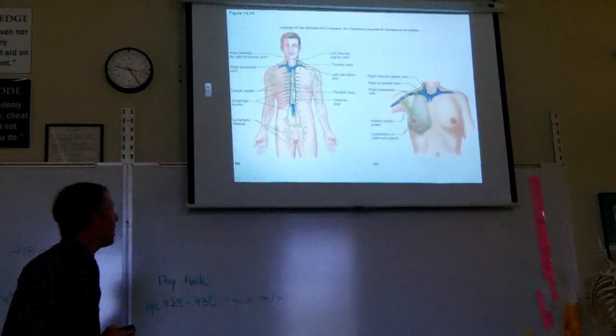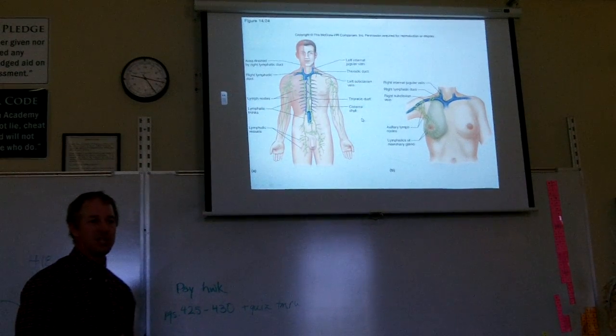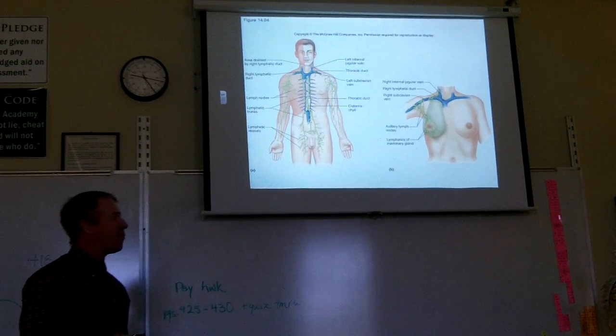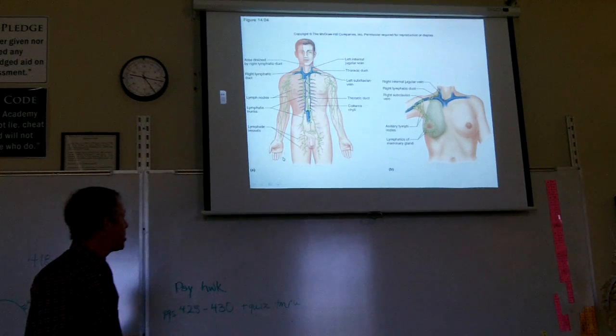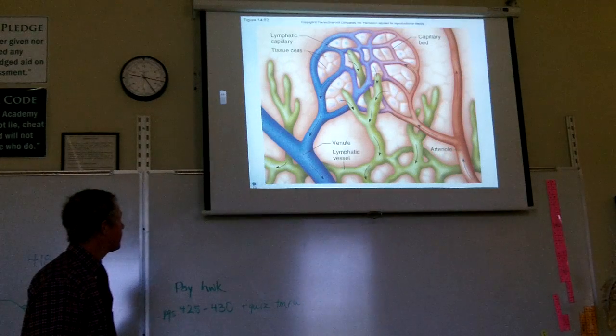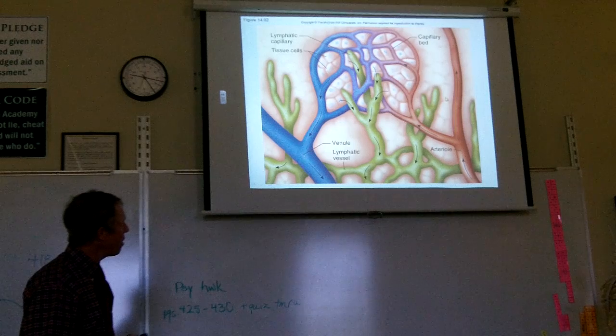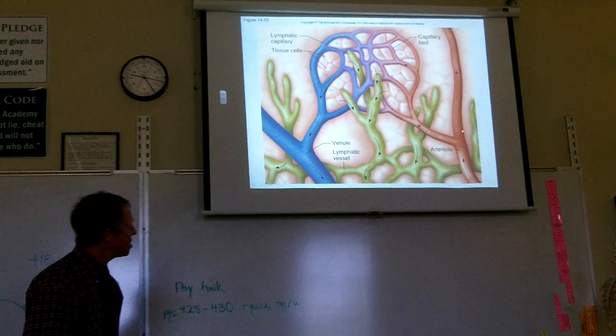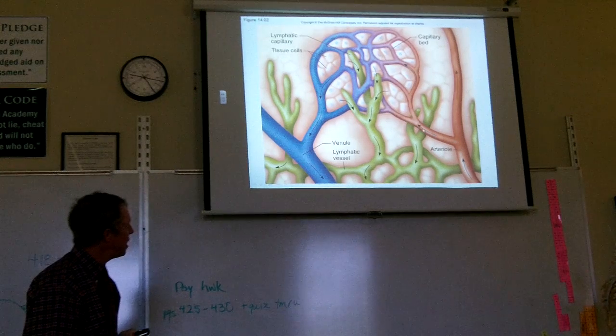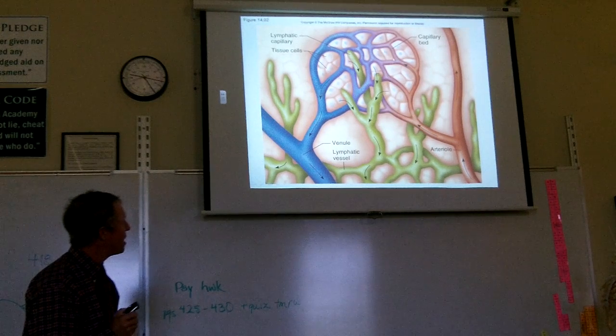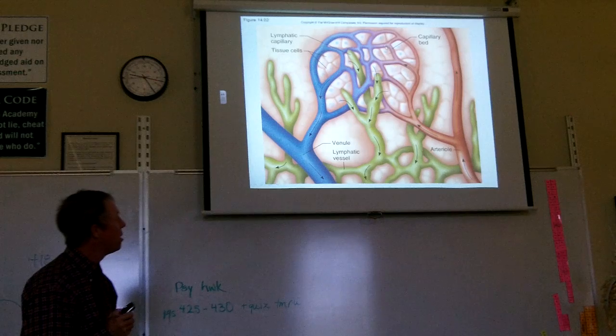So what this is a diagram of is your lymphatic system. Now, what happens is around your cells, this is a blood vessel. A blood vessel brings blood in, and the blood branches off, as you remember, into little small vessels called capillaries.